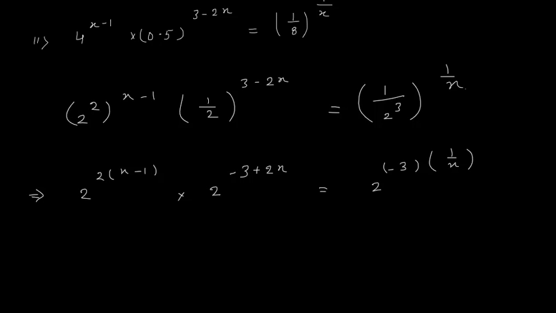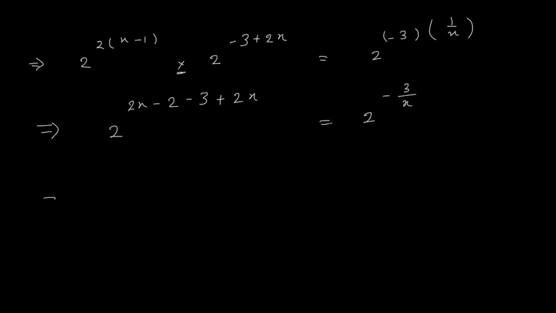Okay, so power, and then again we have power, so they are multiplied. Now here we have base 2, power is 2x minus 2, and here as we have product, so power will add up, so it is minus 3 plus 2x, and right hand side we have 2 power minus 3 upon x.